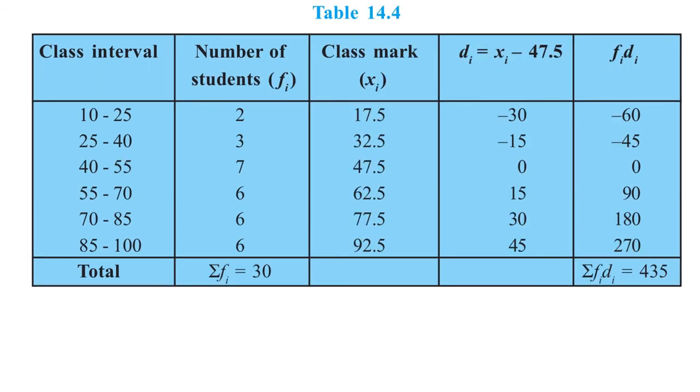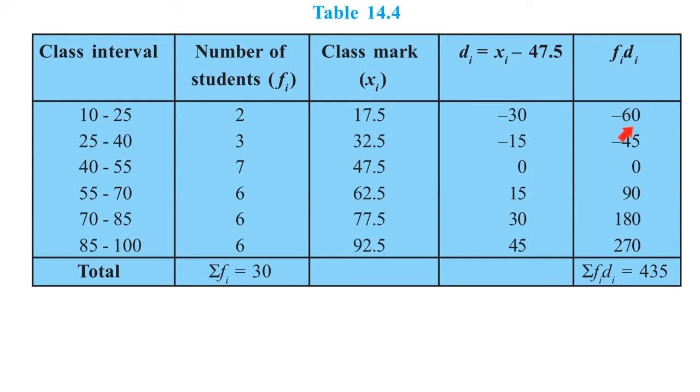Then the third step will be, after listing down all the di, subtracting from 47.5, we get di. Then we take the product of fi times di. fi times di, we get this. 3 times negative 15, we get this. 7 times 0, we get this.